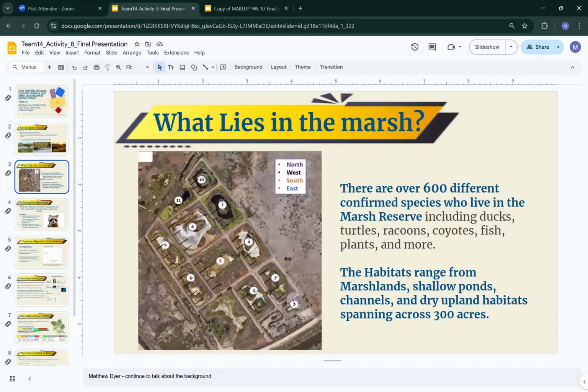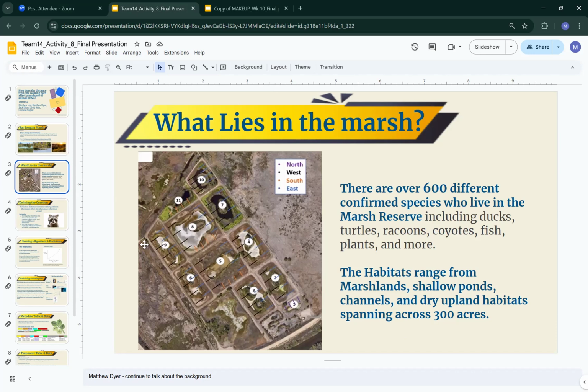And what is in the marsh? There are 600 different confirmed species who live in the marsh, and that includes ducks, turtles, raccoons, coyotes, fish, plants, and more. And the habitats range from marshlands, shallow ponds, channels, and dry upland habitats spanning across 300 acres.